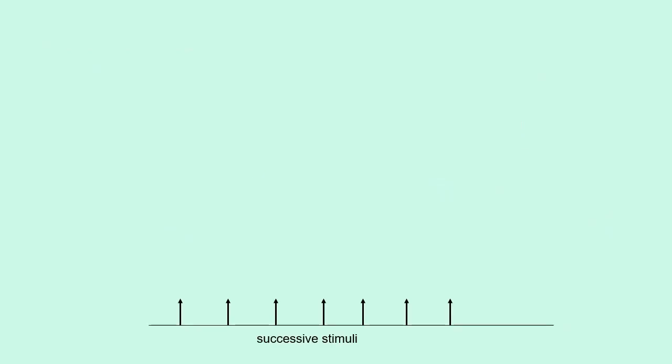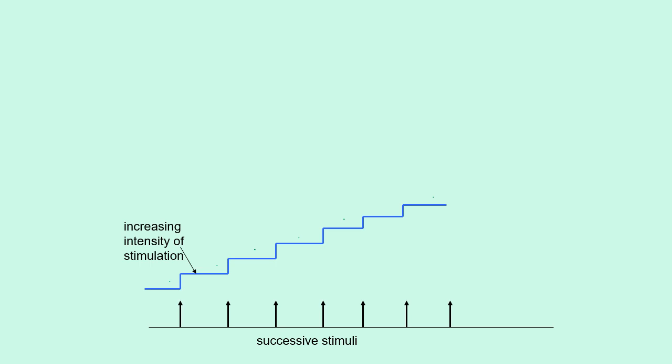We'll look at this on this image here. So what we're going to have is successive stimuli. Each arrow is a different stimulus on the axon trying to generate an action potential. And the stimuli are of increasing intensity. So each stimulus is bigger than the stimulus before.